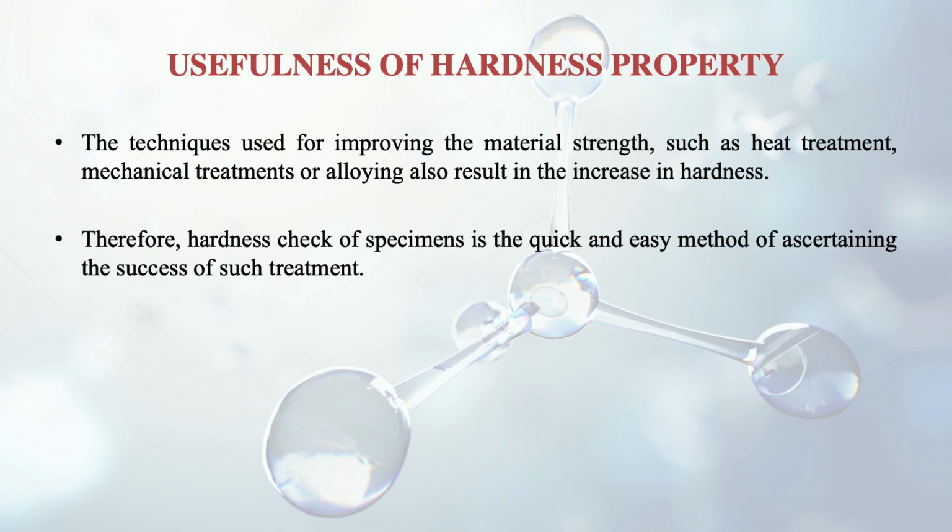So hardness is a measurement for these techniques, whether the material is improving or its strength is going down. All these things can be detected by means of hardness. A hardness check of specimens is a quick and easy method of ascertaining the success of such treatment, heat treatment or any other kind of mechanical treatment.